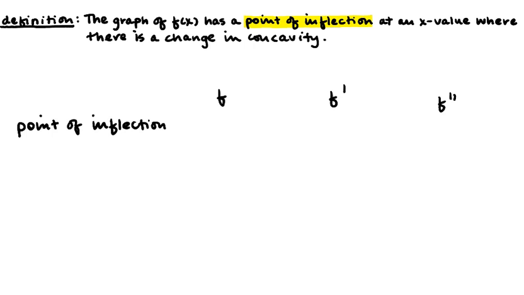All right, well, there's a couple of forms that this could take. If f was smiling, but then it started frowning, that would be a point of inflection. If f was frowning, but then it had an attitude adjustment and started smiling, that would also be a point of inflection.